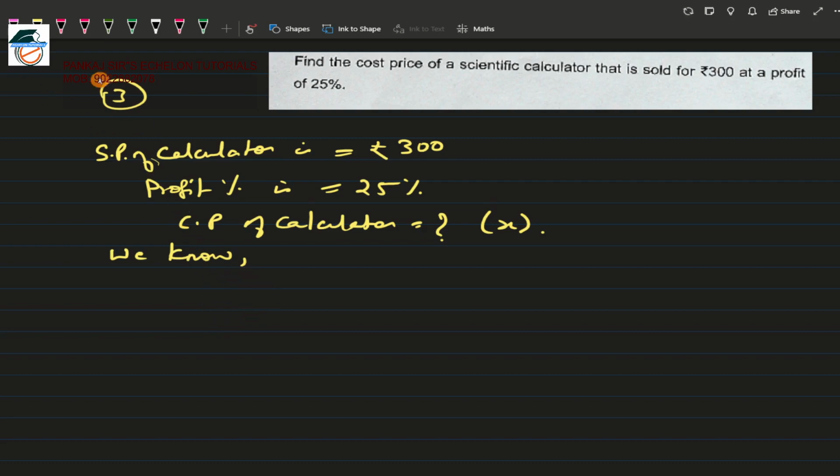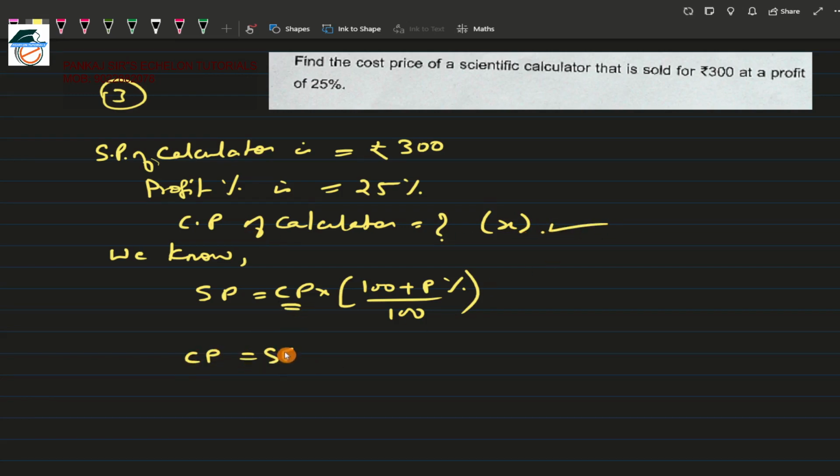Either selling price equals cost price into 100 plus profit percent divided by 100, or, since you have to find the cost price, cost price equals selling price into 100 upon 100 plus profit percent. Both the formulas I have discussed in my previous videos. Either you use this formula or this. Now I'm going to use this formula.